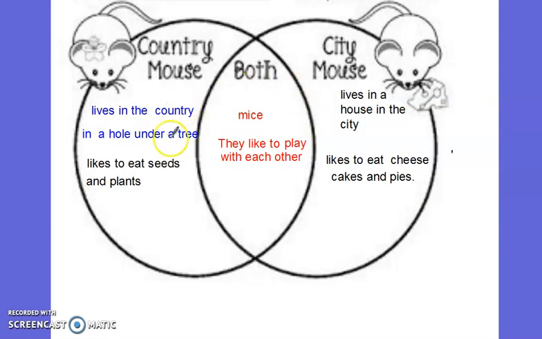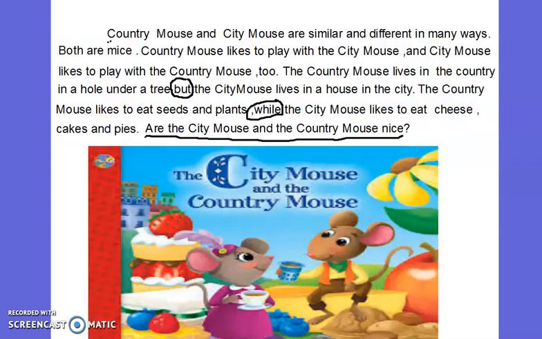First of all, we write them in this diagram and then we write them in front of each other as a paragraph. The word but and the word while show the differences between the country mouse and the city mouse. The word both shows that they are the same.